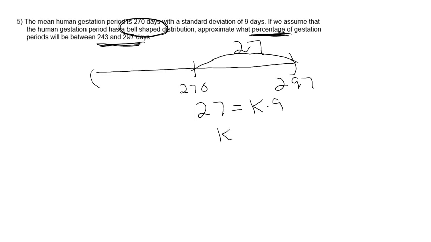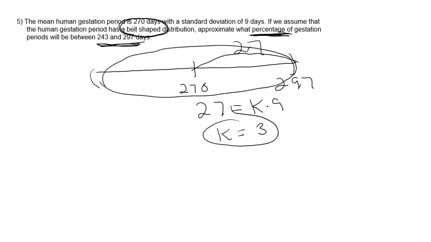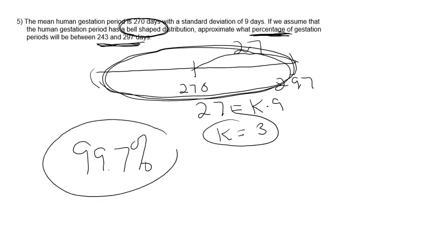So k is equal to 3. When we look at the table, I'm not going to put it here, but for one standard deviation, it's 68. For 2 standard deviations, it's 95. For 3 standard deviations, the amount of data in this interval here is approximately 99.7%. There's your answer.